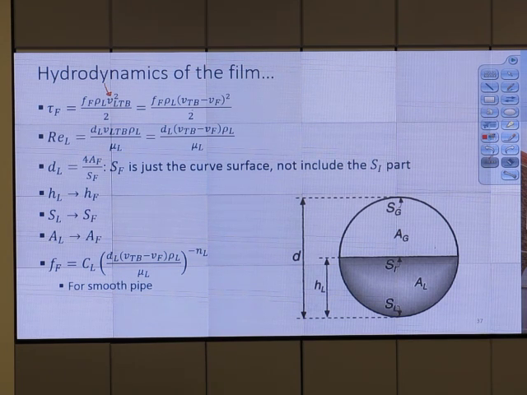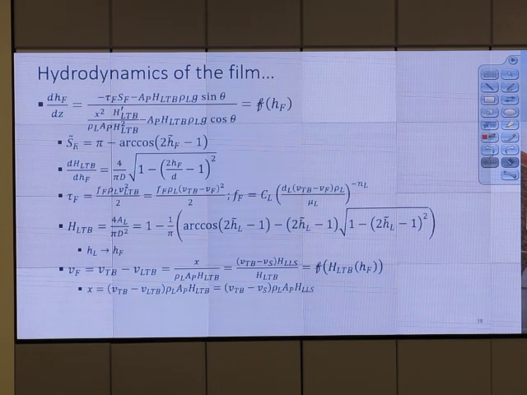And friction factor is CDL, which is a function of height. VTB minus VF multiplied by rho over mu. Okay, so we have VF, and we have VF over there. Alright, that's Reynolds number and tau, shear stress.